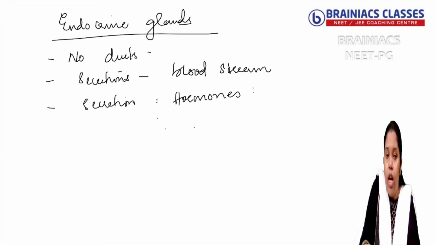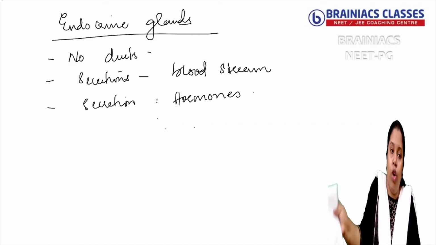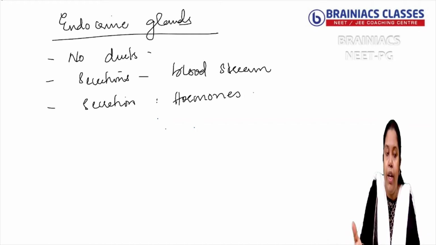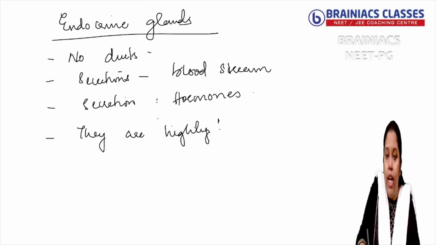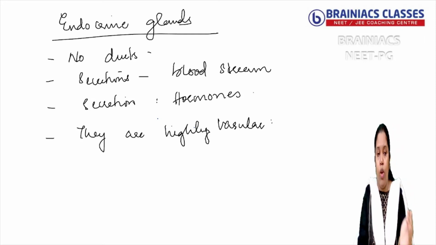Understand, they're called hormones. How do they become endocrine? Because I told you what had happened there: the duct part, the conducting part, has disappeared after invagination. And these endocrine glands are highly vascular because their secretions go directly into the bloodstream. Okay, so this is the exocrine and endocrine introduction.